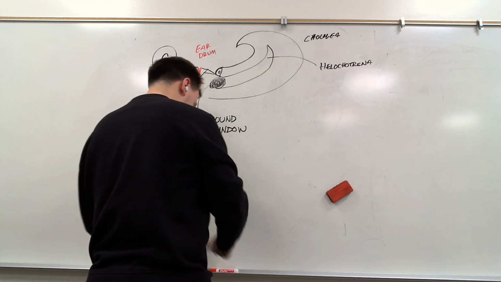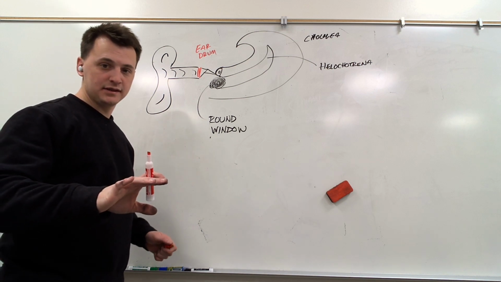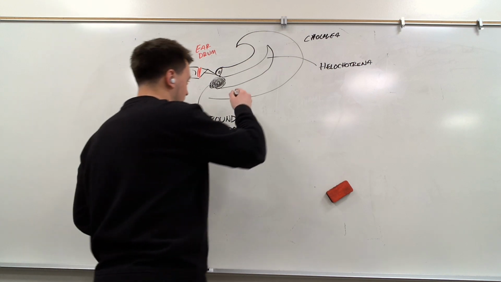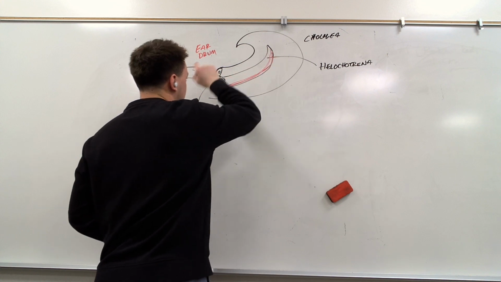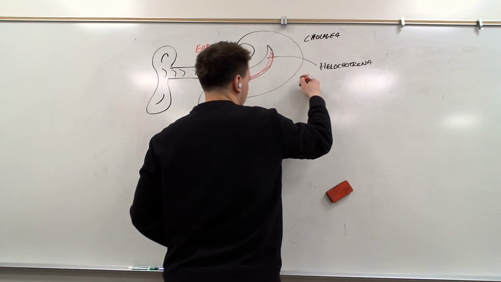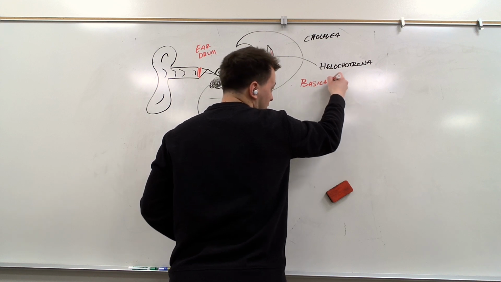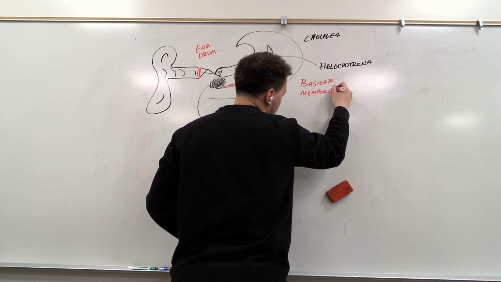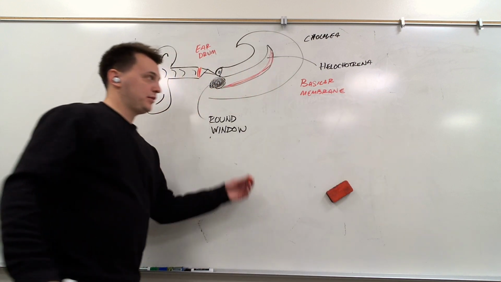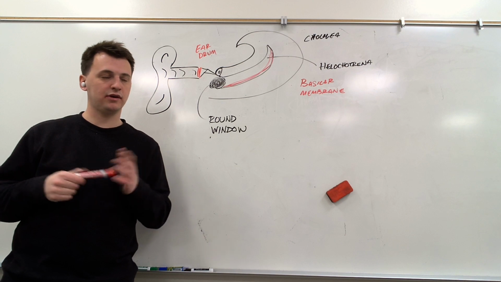Okay. And then we have this thing. I'm sorry, I'm going to use red twice, but it's pretty important. Like we all know the eardrum, this part is more important for this lecture. Basilar membrane. So this is what's going on.